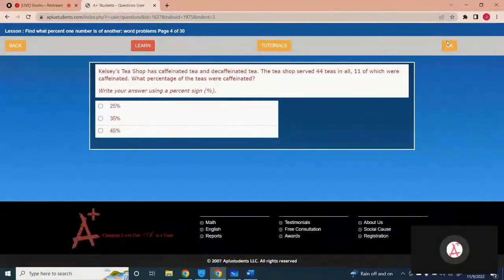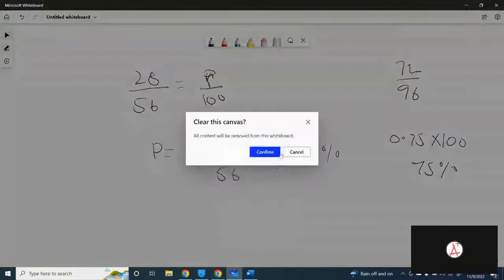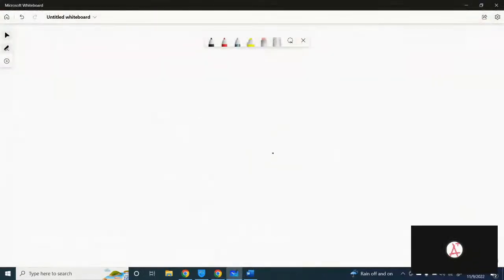Okay, Kelsey's tea shop has caffeinated tea and decaffeinated tea. The tea shop served 44 teas in all, 11 of which were caffeinated. What percent of the teas were caffeinated? So 11 out of 44. Just divide 11 by 44 and multiply by 100.